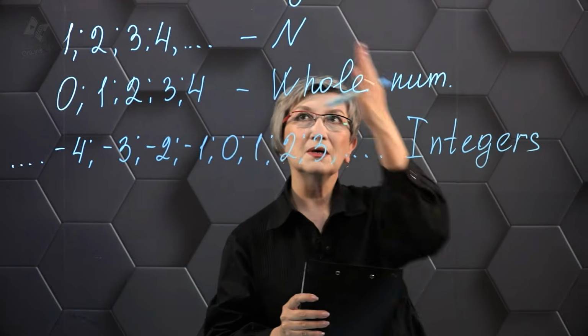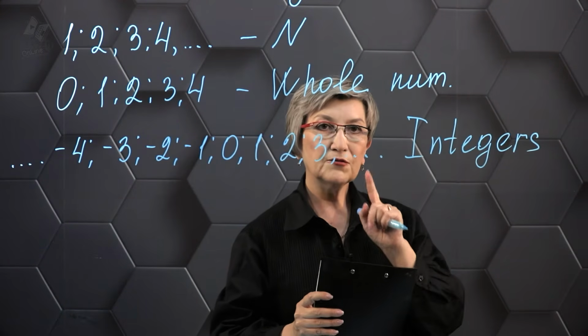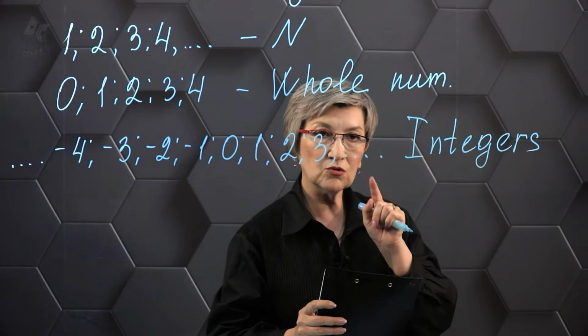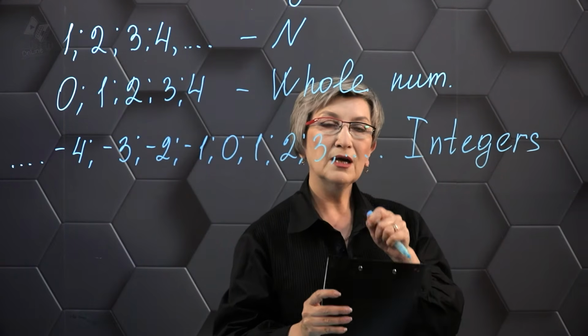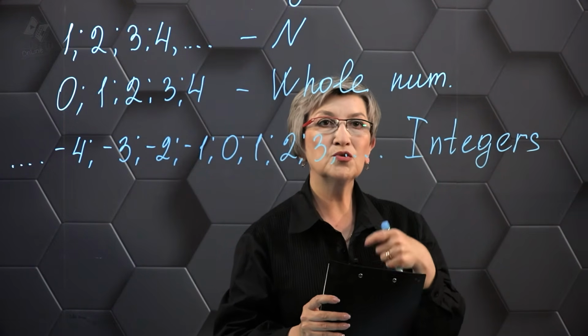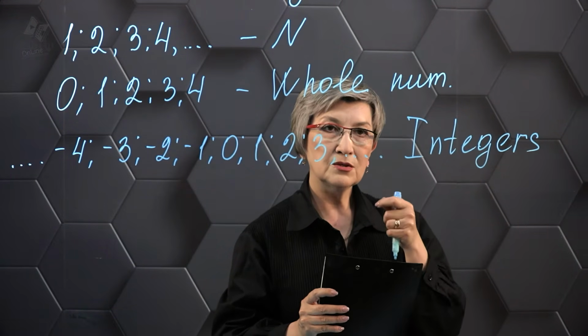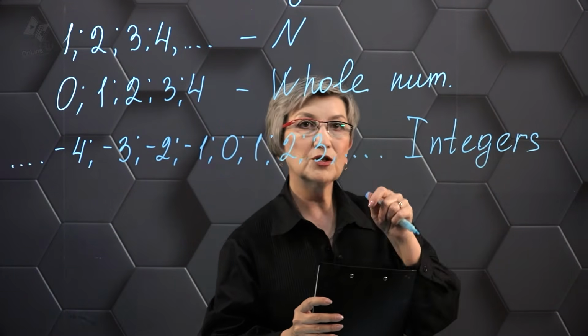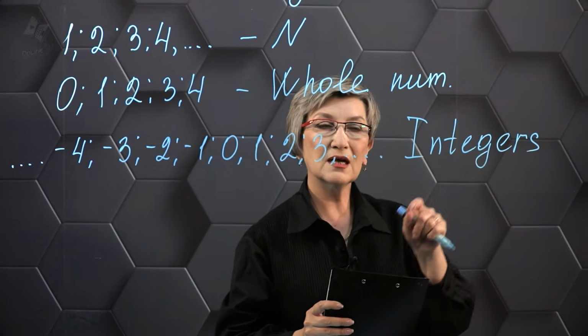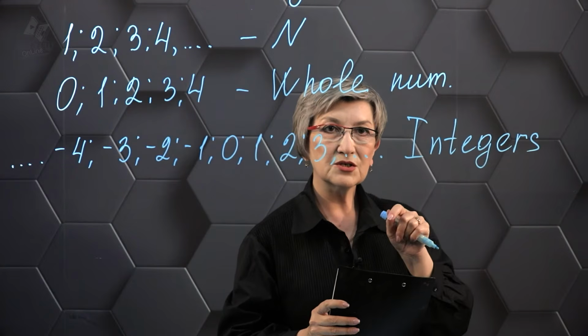Let's visualize this situation. The point is that when we talk about natural numbers and integers, we don't use fractional numbers in this case, neither fractions nor decimal fractions. Then this whole set will be called a set of integers.